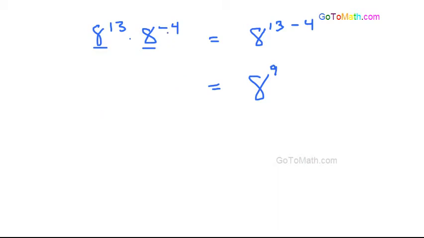Now, let's talk about this negative. If I wrote 1 over 8 to the 4, and I were to take this up into the numerator, this can actually be rewritten as 8 to the negative 4. The reason this section is called rational expressions is because, remember what a rational number is.